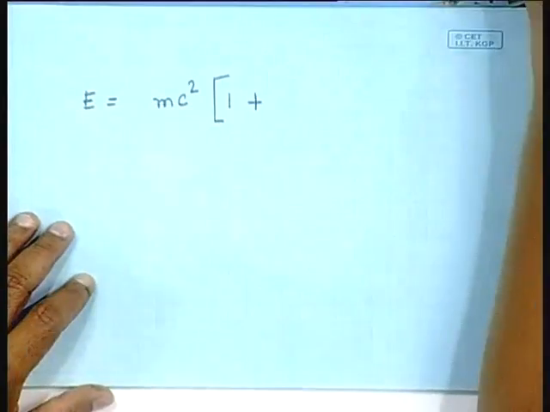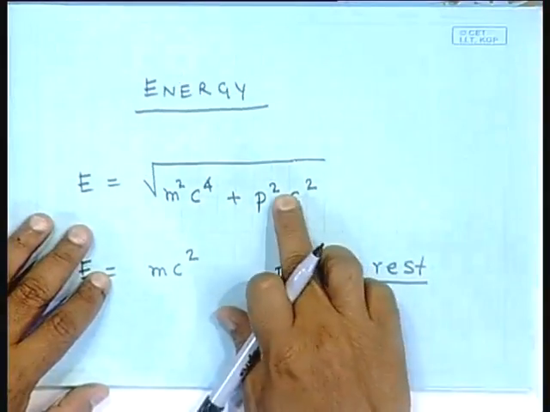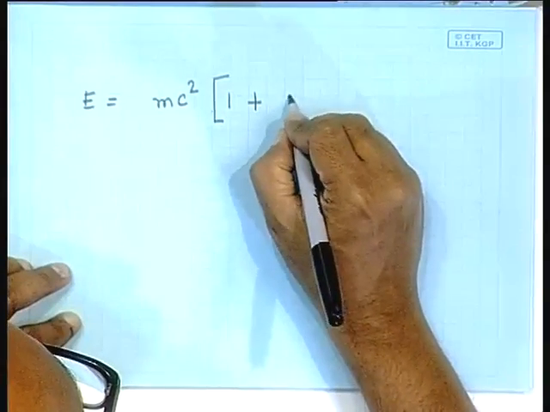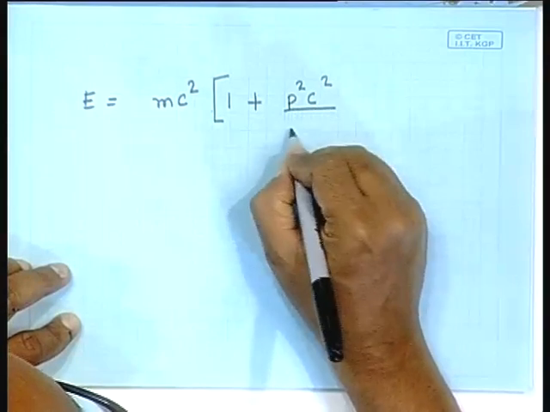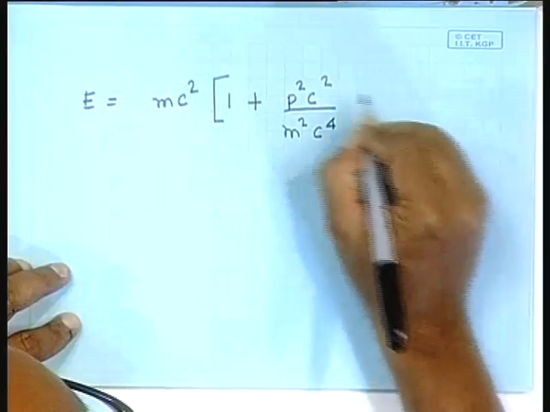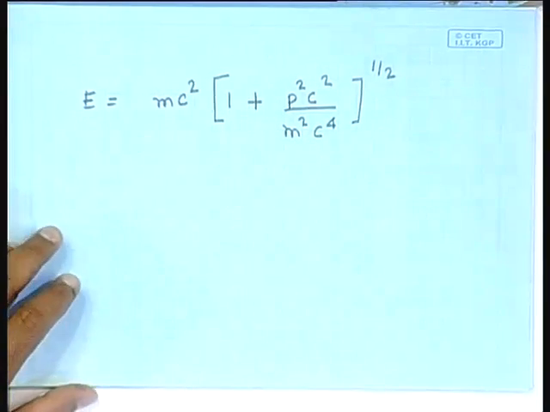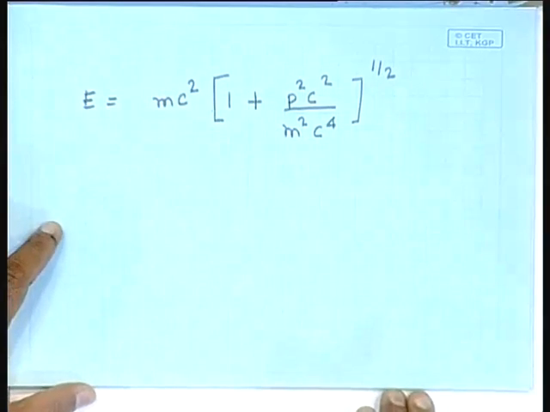So, I take the term mc squared outside, and then I have to divide this by this. So, I have p squared c squared divided by m squared c to the power 4, all to the power half. So, this is the same expression for the energy given by Einstein in his theory of relativity.